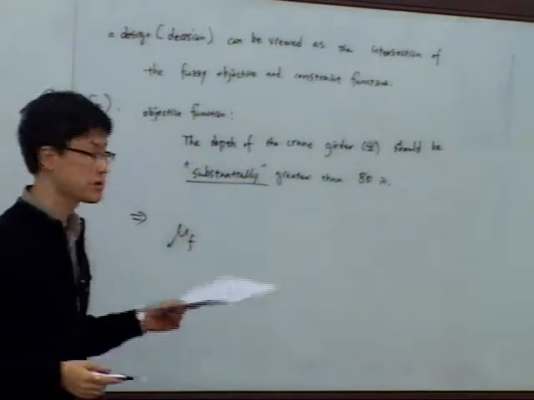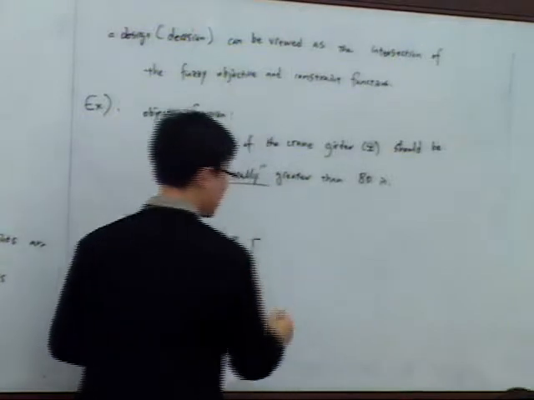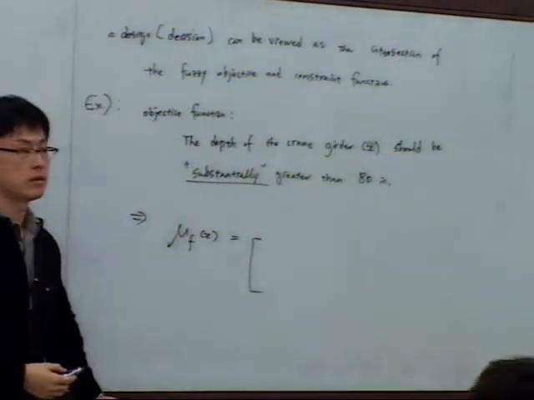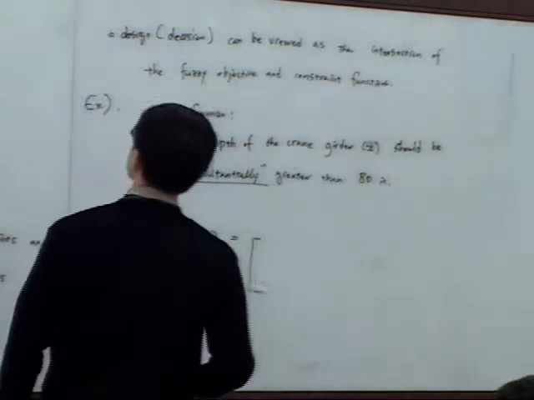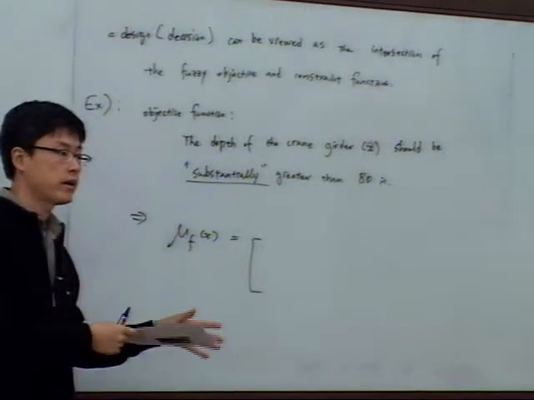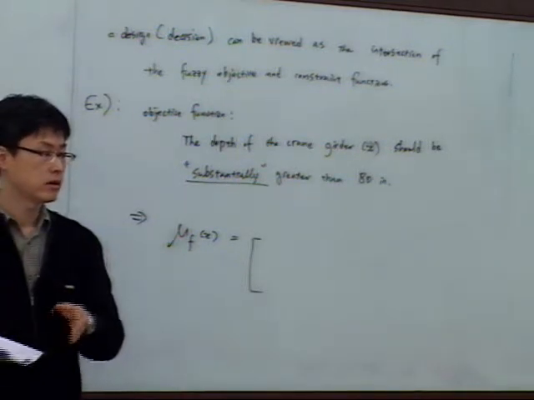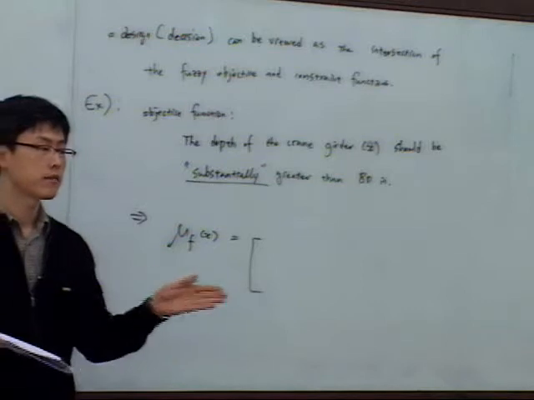F means for the objective function. It is my design, and changing this vague and linguistic form into the fuzzy system, this process is called fuzzification.